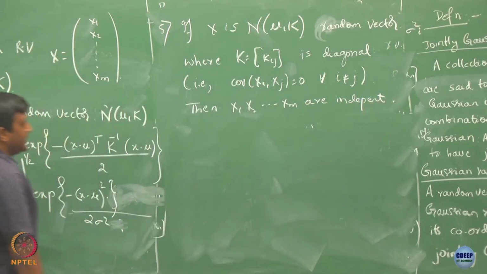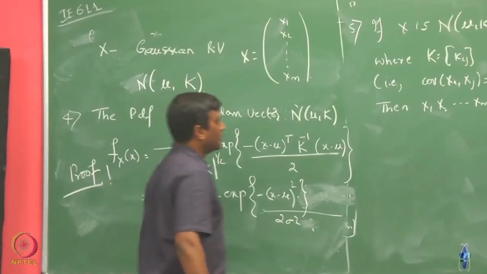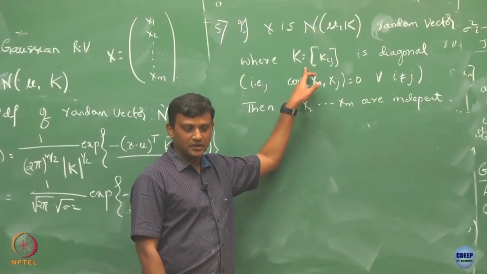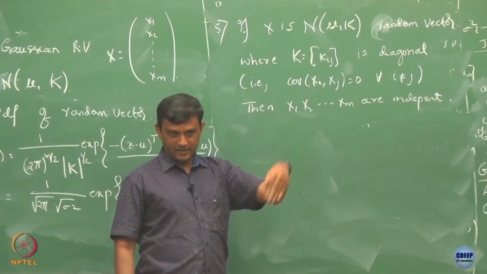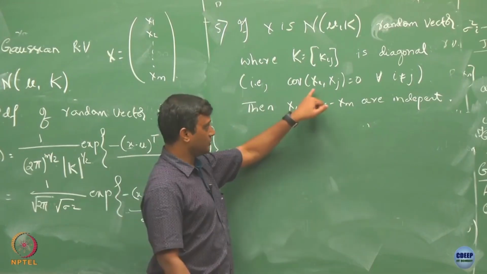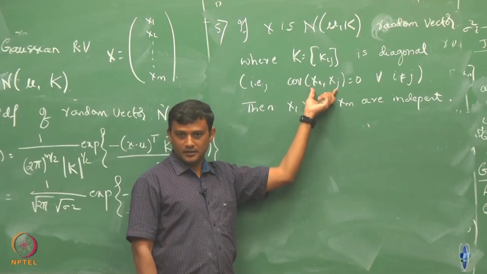Okay, so what we are saying is, suppose you take a Gaussian random vector which has this parameter mu and K, but this K is special here. It is such that its off diagonal elements are all 0. Only diagonal elements you allow it to be some values, but off diagonals are all 0. So off diagonals all 0 means what here?